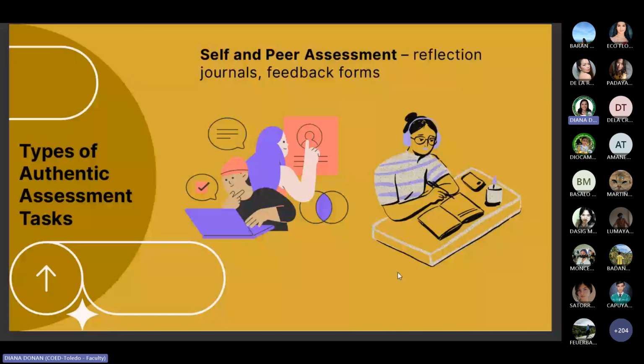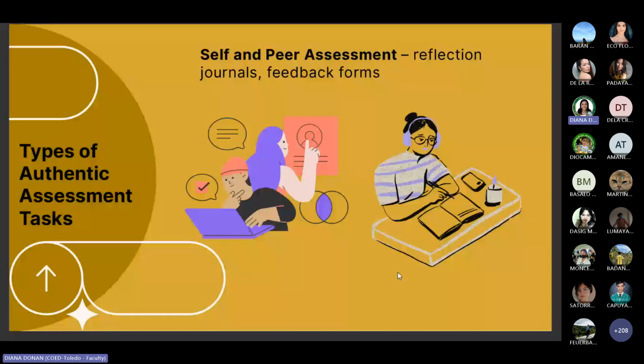For example, a reflection journal where students write about what they've learned and what challenged them, peer feedback forms used after a group presentation, or a rubric-based peer review of a group task. Di ba? That is self and peer assessment. These are powerful tools not only for assessment, but also for developing lifelong learners.